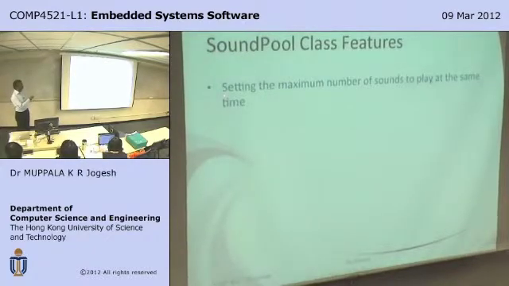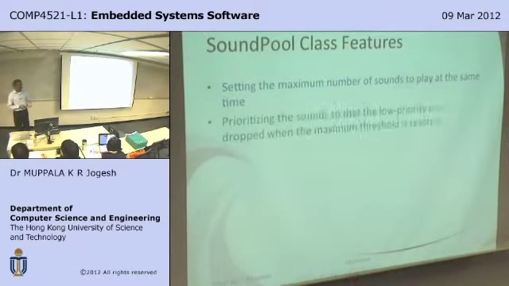Okay? I'll show you the actual code in a minute. In the SoundPool class, you can specify the maximum number of sounds to play at a time. Suppose within your game you have like 20 sounds, and in one shot you need to generate all the 20 sounds, then it will sound too noisy. So in those circumstances, you can prioritize the sounds, saying, if at this particular point in time I need to play out 20 different sounds, maybe just play out only the top 6 high priority sounds.